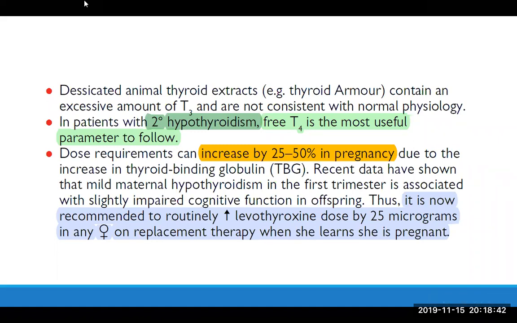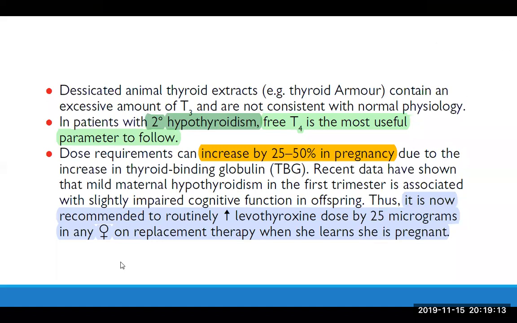And actually, this question is very difficult because here they recommend to increase the dose by 25 to 50%. So increase the dose to 125 or 150. This is very difficult. And actually, I returned to some other books, and they said to increase the dose to 150. And inshallah, I think this scenario will be given in the next slides.